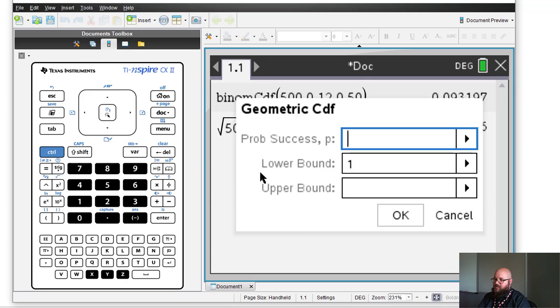All right, so it wants to know the probability of success. Well, we said that she has a 1 in 38 chance of success. And our lower bound, of course, is 1.